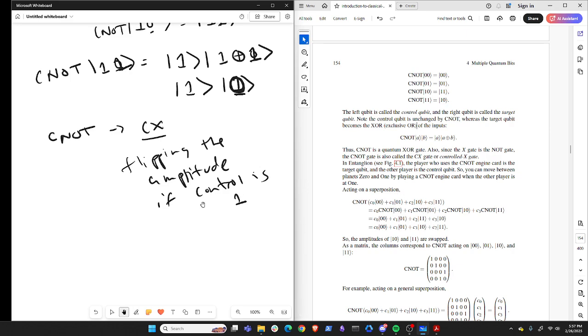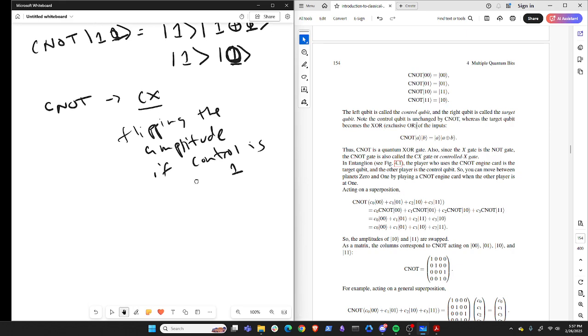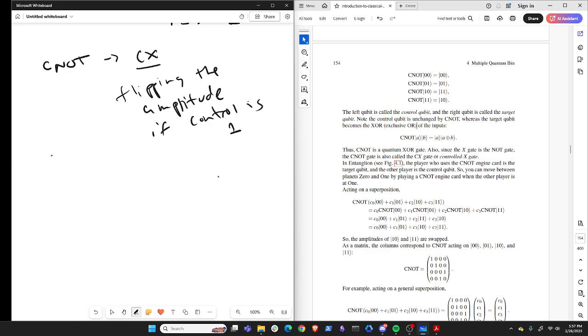It can also act on a superposition. As an example, let's say we have this one here with these arbitrary amplitudes, C sub 0 and C sub 1, etc., C sub 2 for 1, 0, plus C sub 3 for 1, 1.